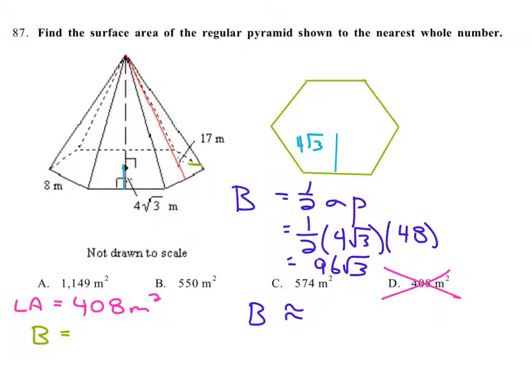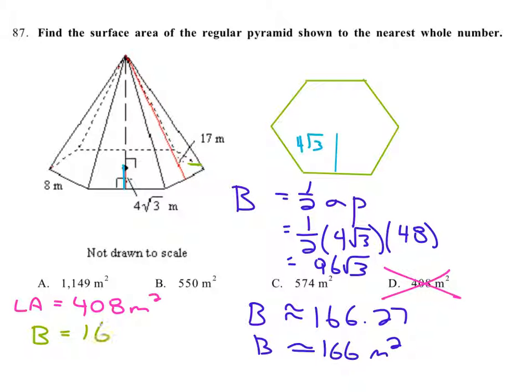There's not going to be some partial amount from the lateral area that will combine with a partial amount from this to give us some number that we need to round to. So let's do it. We say 96 times square root of 3, and we get approximately 166.27, which when rounded off to the nearest whole number is approximately 166 meters squared.